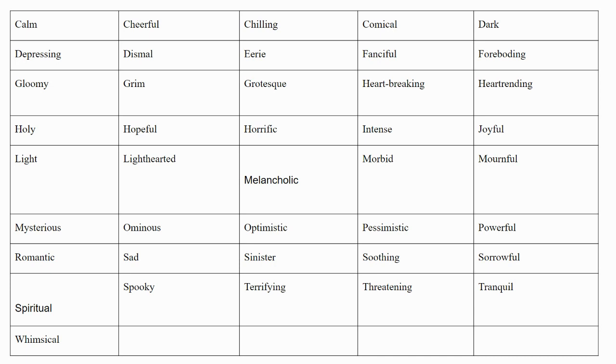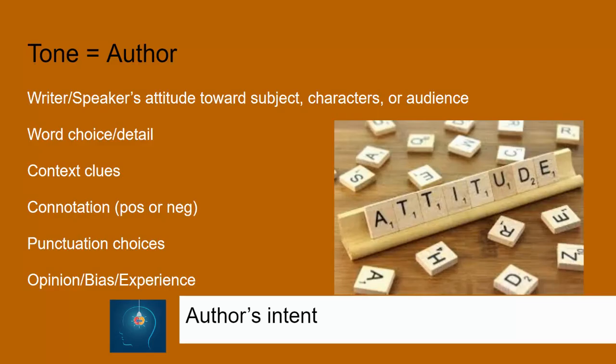Those are all mood words. Tone is the author. So if mood is the reader, tone is the author. It is the author's intent. It's their specific attitude toward the subject they're writing about, toward the characters they're writing about, or even toward the audience sometimes.